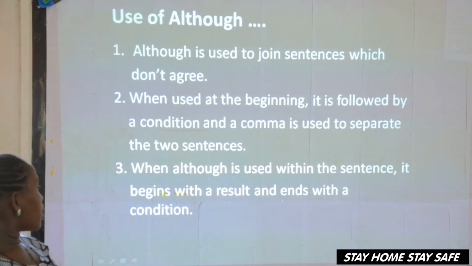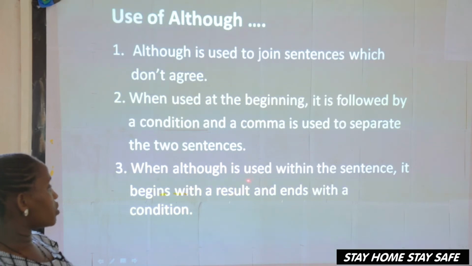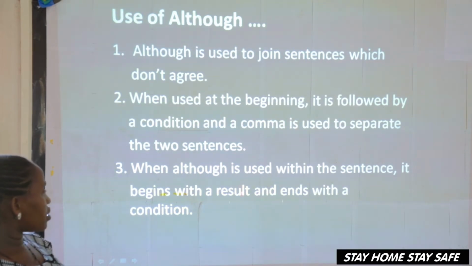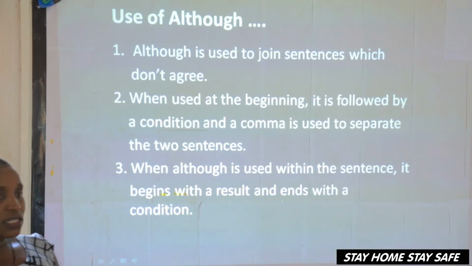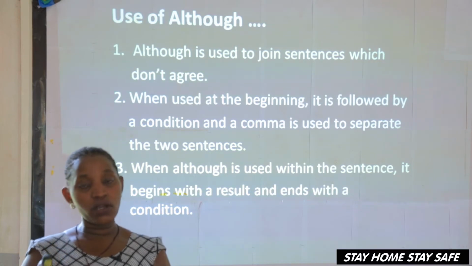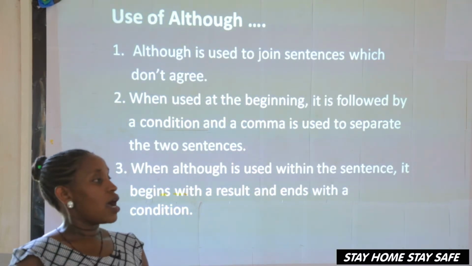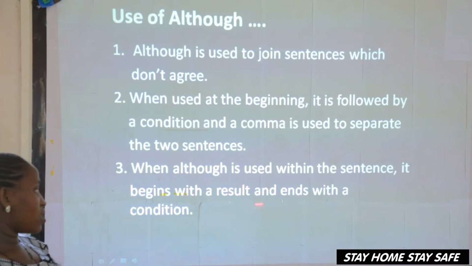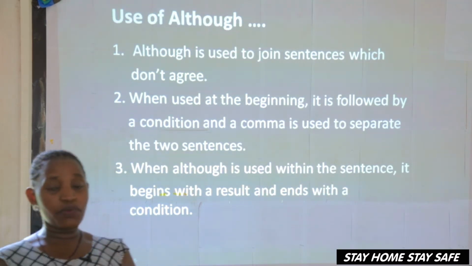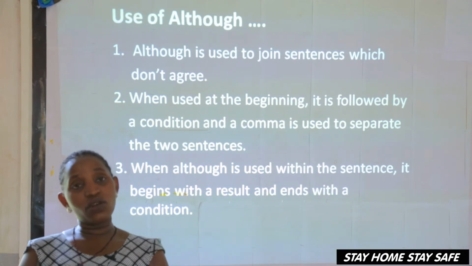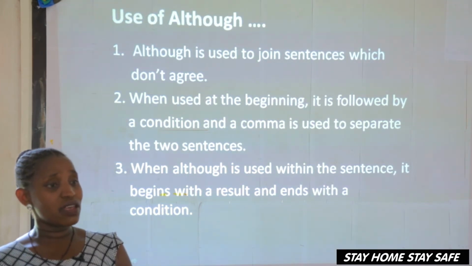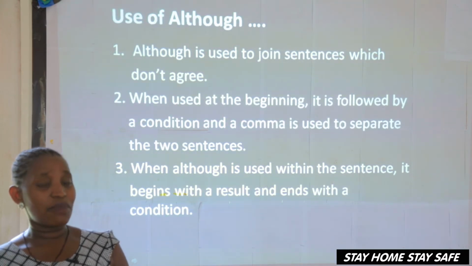And here, the third one is when although is used within the sentence, it begins with a result and ends with a condition. These are two sentences now which do not agree. And when we are using it within the sentence, we have what we call the result. You may see someone very beautiful and that person is not married. The condition is the person being beautiful. What is happening now?